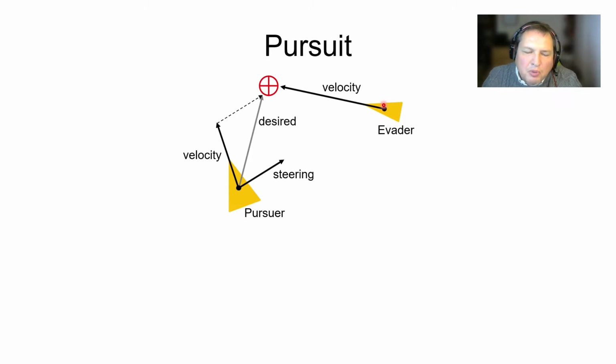This creates much more lifelike behavior than in the case of the seek pattern.